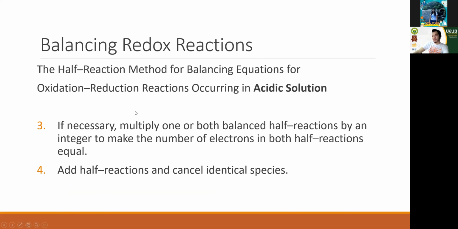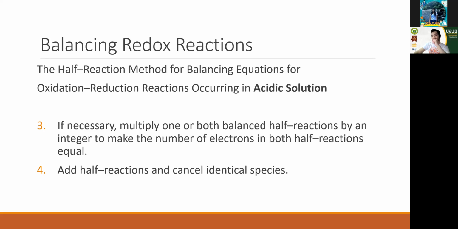Ayun. So dito naman, since dalawang half reaction yan, ang tendency, hindi naman balance yung electrons nung oxidation half reaction saka nung reduction half reaction. So ang mangyayari doon, you will multiply in a way na magbabalance yung electrons ng two sides.